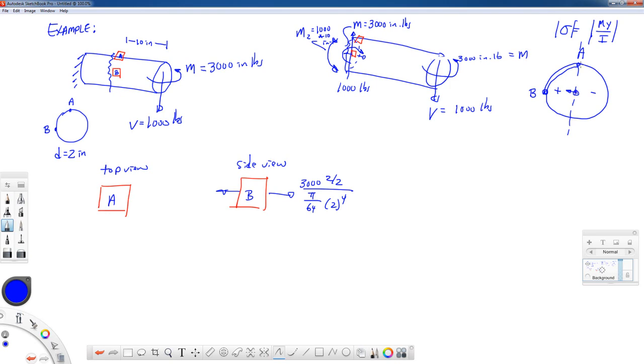Since point A lies on this bending axis, the y distance is 0. Another way to think of that is, if I have maximum tension on this side and maximum compression on the other side, right in the middle I don't have any stress. So I do not get any contribution to the stress state at point A from the bending moment. We're done with that one. Now let's look at M2.